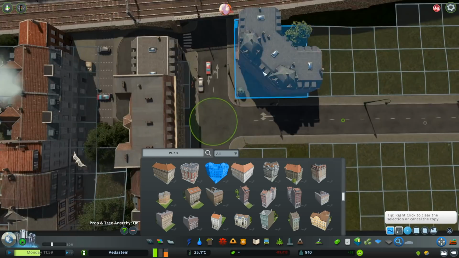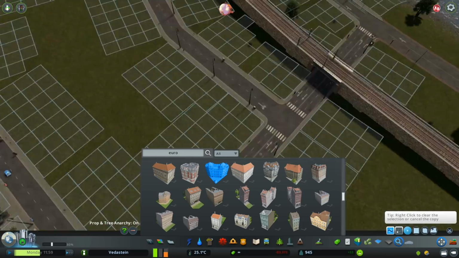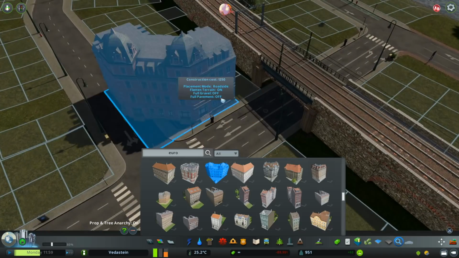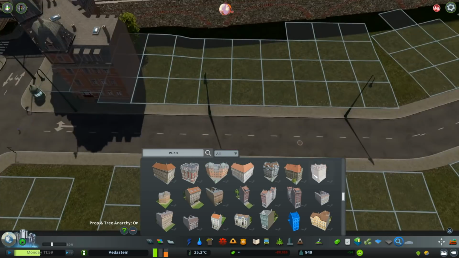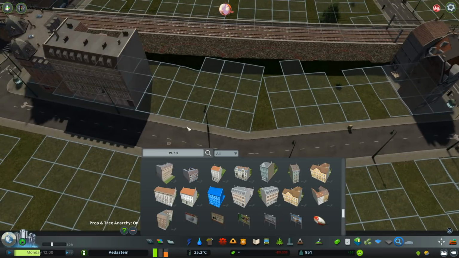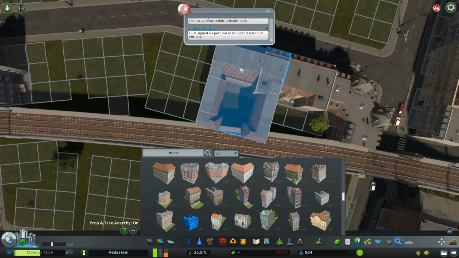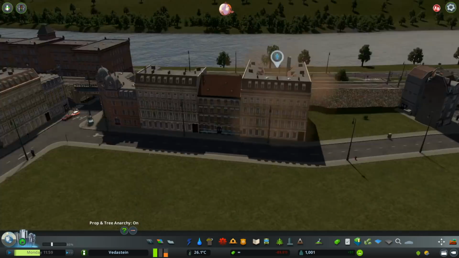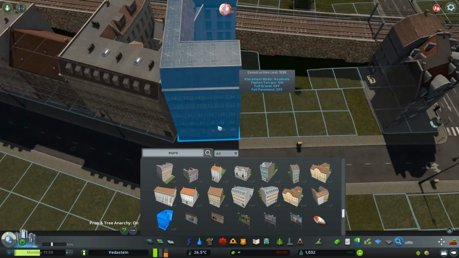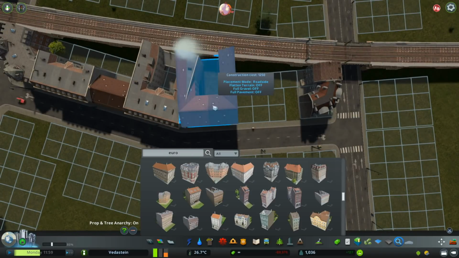The only opposite compared to these buildings in bigger cities, for example in Berlin, is that they have very small backyards and a lot of back houses.